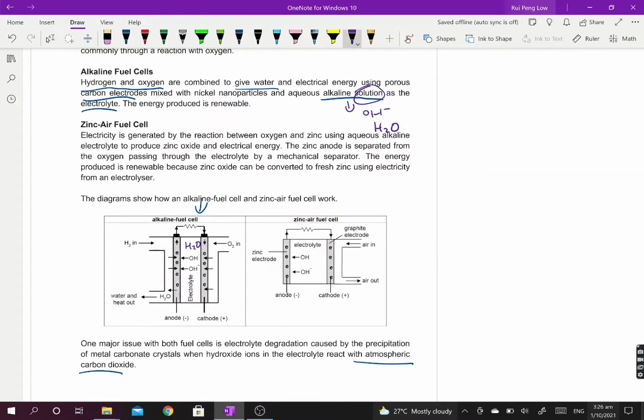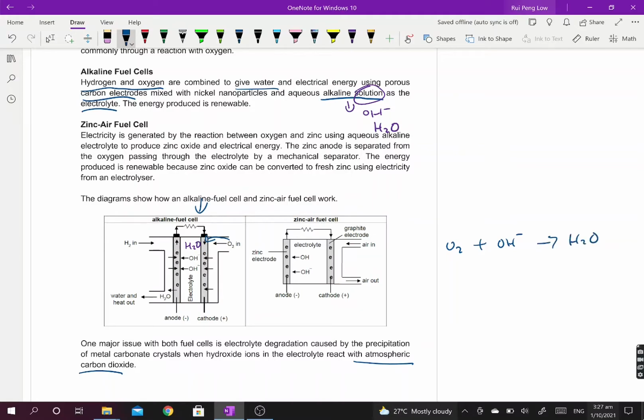Now, let's see. At the cathode, I'm just guessing oxygen reacts with the... You can't have oxygen react with OH minus. I don't think it produces anything. So far, what can you form with oxygen and hydrogen, OH?